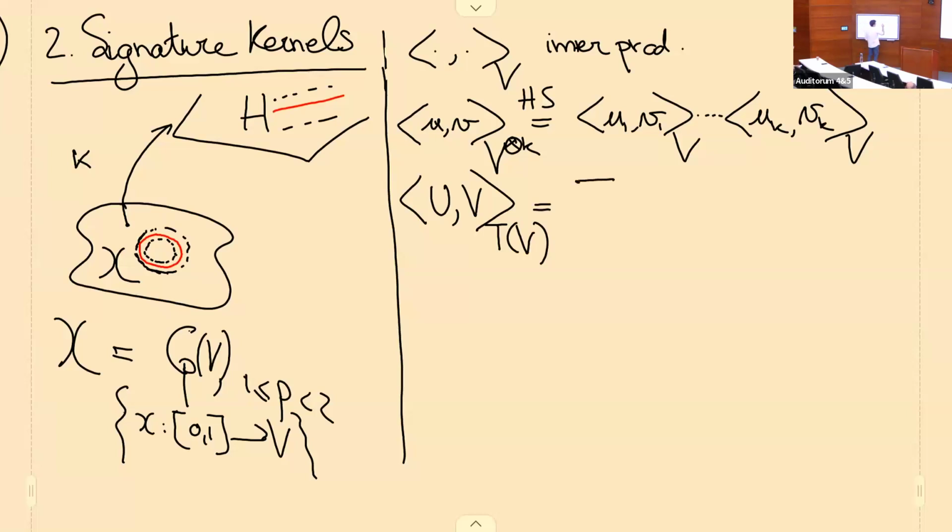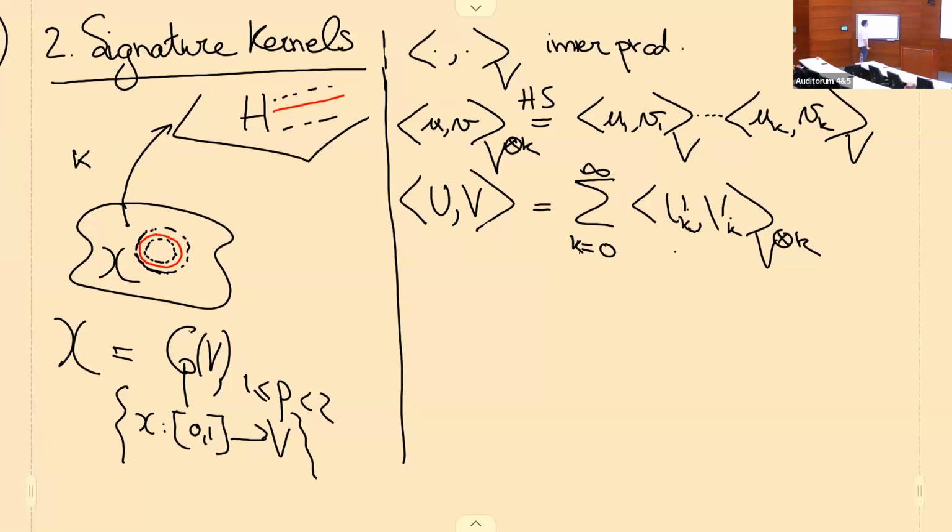The simplest choice is this one: you just take the infinite sum from 0 to infinity of the inner products of U_i and V_i in V tensor power K. So that's one way of defining an inner product on T of V. Let me remove this T of V so that we don't carry it around all the time.